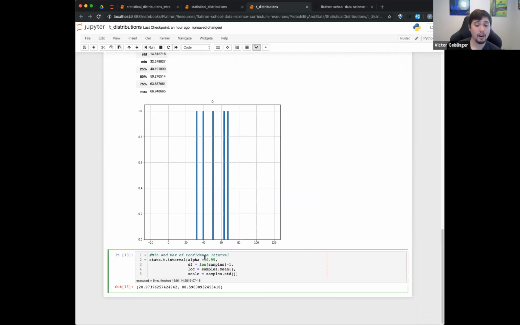And we can see here our interval that went from 21 to 89 with our first sample of 50, we have to have a larger interval in order to capture our true population mean.